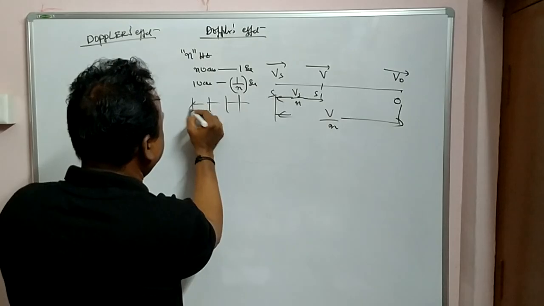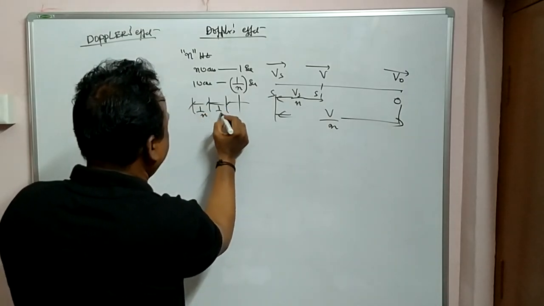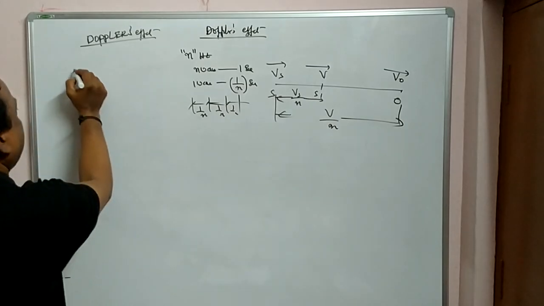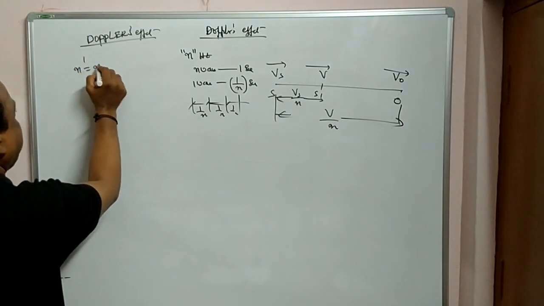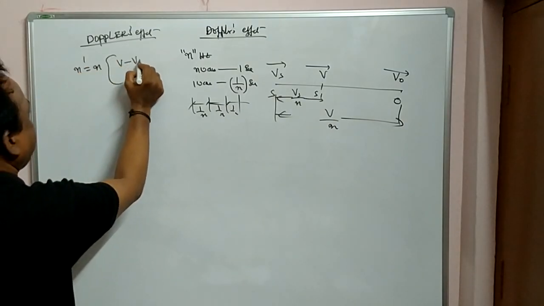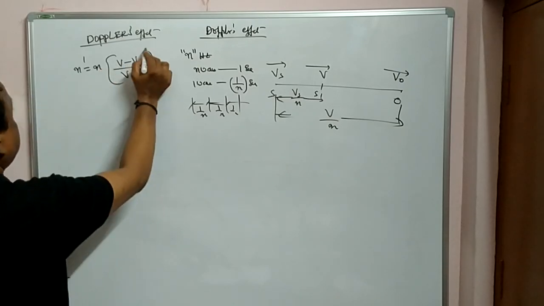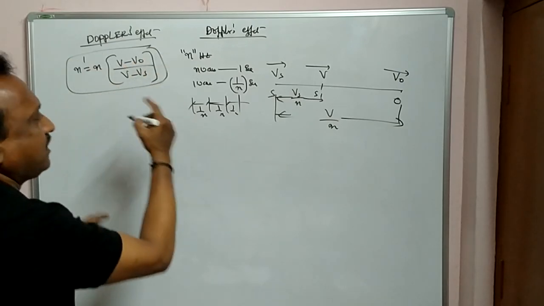So between any two successive waves, the time lapse is 1 by n seconds. So if you go like this, I will get n dash is equal to n into (v minus v0) by (v minus vs). This equation is very, very important for Doppler's effect.